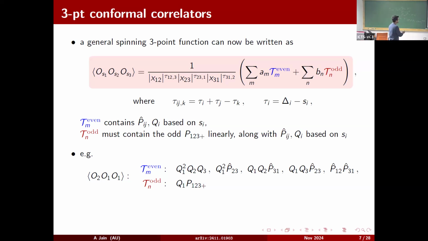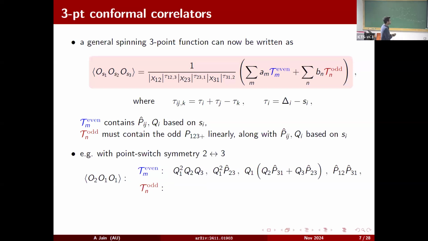Okay, but there's also one more constraint on the correlator, and that is the permutation symmetry of the second and the third operator. If I exchange the second and the third spin 1 operator, I should get the same correlator. Hence, we can look at how the invariant structures change.